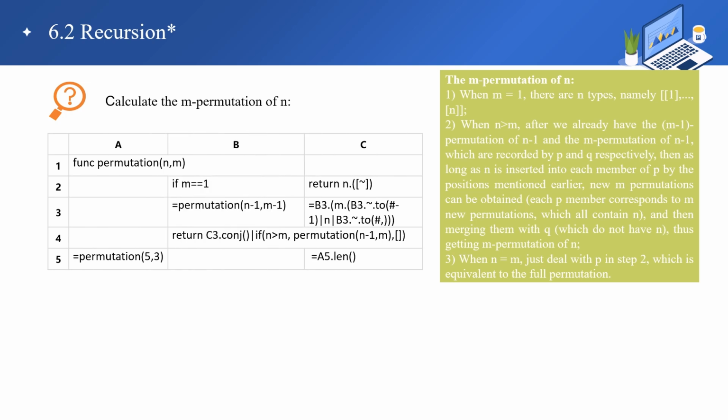The relatively complicated part is C3, which is a two-layer loop function. The expression uses the inner hash and the outer tilde, resulting in a multi-layer sequence. B3 itself will return a two-layer sequence, each member is a permutation. C3 will expand each member permutation in B3 into a sequence composed of B1 permutations, so as to get a three-layer sequence, each member's member is a permutation.